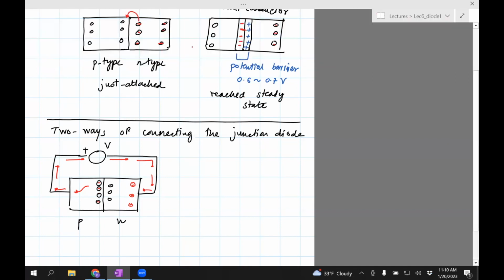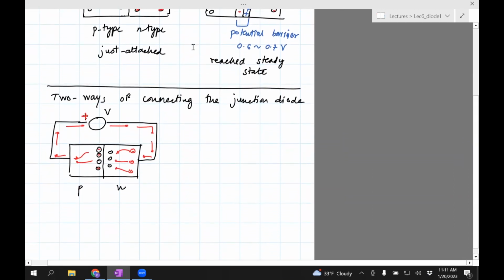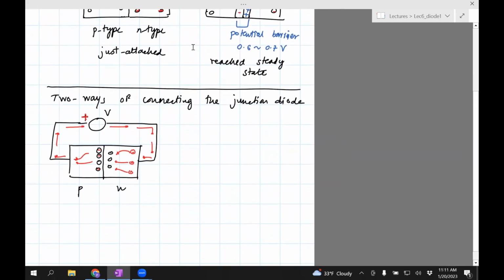So the electrons are actually flowing in this fashion. So you can see that electrons are flowing because of the voltage source. The positive end attracts the negative, and then that's how electricity flows. So in this state, this way of connection will ensure that the electricity flows and the diode is said to be conducting.